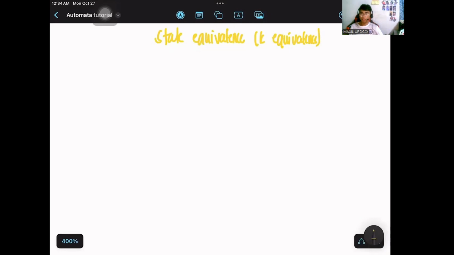merge them, because redundant states are states that don't change with the specific strings.